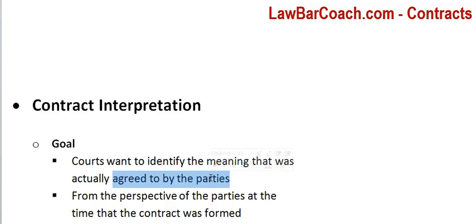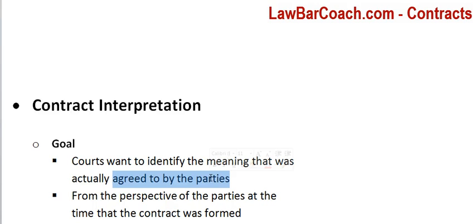And as we said, reliability is an aspect of contracts. So the more accurately and the more consistently that courts can review and interpret contracts, the more reliable they are, because the parties can have some idea how a court will view that contract.